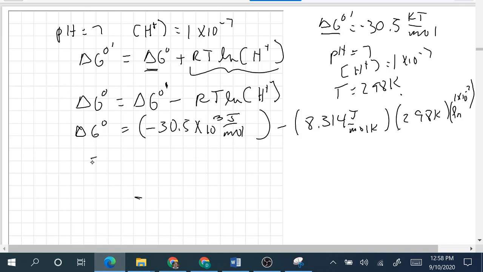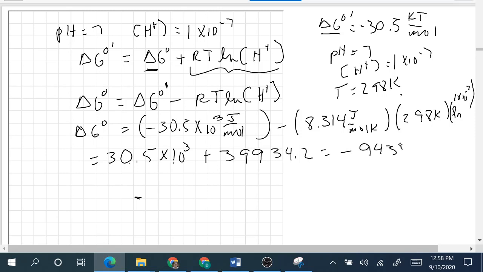Alright, so that's going to be equal to negative 30.5 times 10 to the third plus 39934.2, which is equal to negative 9434.2 joules per mole.